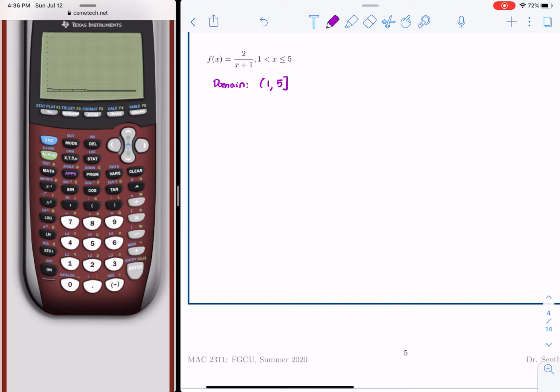I'll have to adjust the window, obviously, because we are getting into fractions. So the y values, I'm just going to set it between 0 and 0.5. And that's the curve we are looking at.